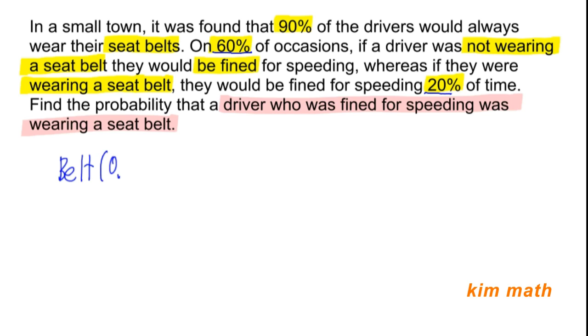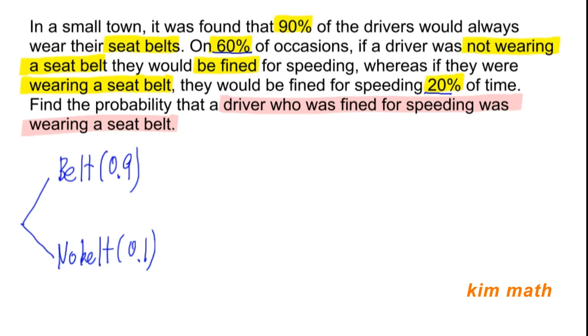So 0.9, which means if you select a driver of that town, you have a 90% chance he or she wears the belt. So definitely no belt will be 0.1 or 10%. Good. Okay, let me continue.